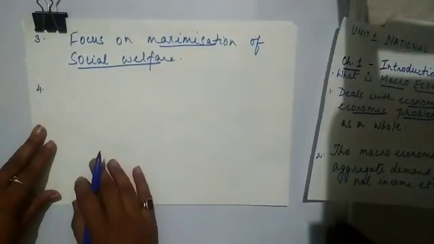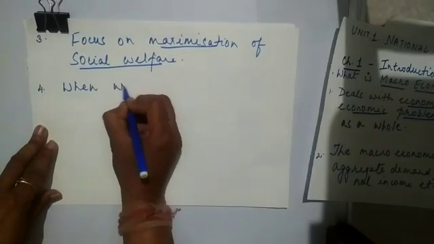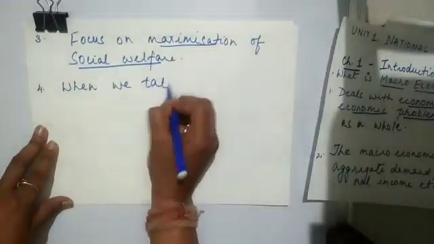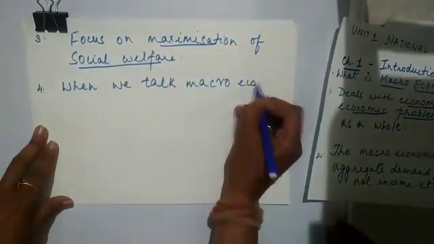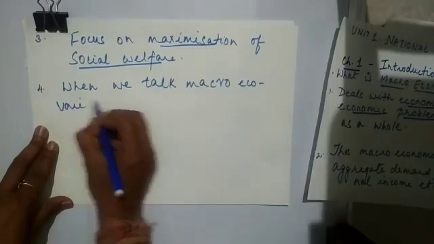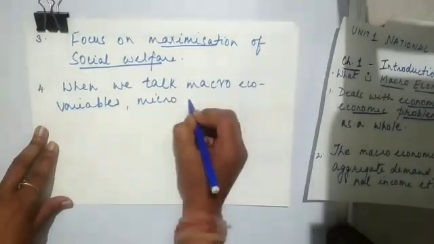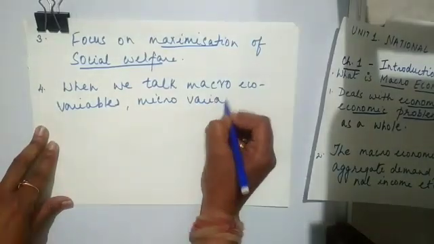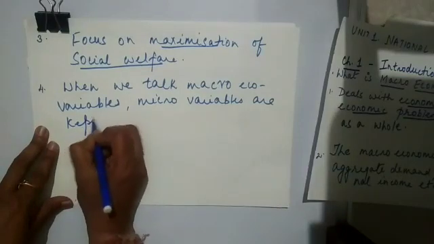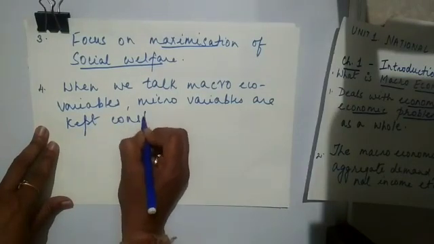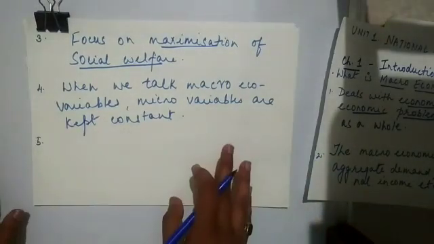Now, the fourth point we can write, when we talk about macroeconomic variables, micro variables are kept constant. Okay, this is the fourth point you can write about macroeconomics.